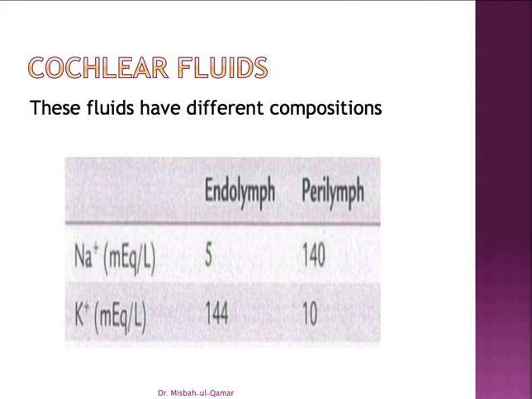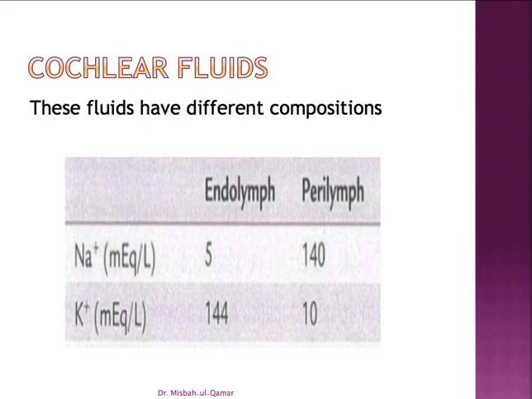Then the location is different. The perilymph is present in the scala tympani and scala vestibuli, while the endolymph is present in the scala media. And in the perilymph, the major cation is sodium, while in the endolymph the major cation is potassium.